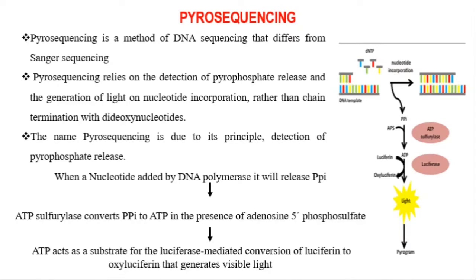In the case of Sanger's method of sequencing, we use the chain termination method by the use of dideoxynucleotides. But pyrosequencing relies on the detection of pyrophosphate release and the generation of light on nucleotide incorporation.